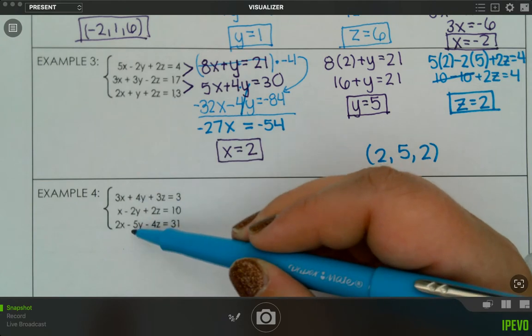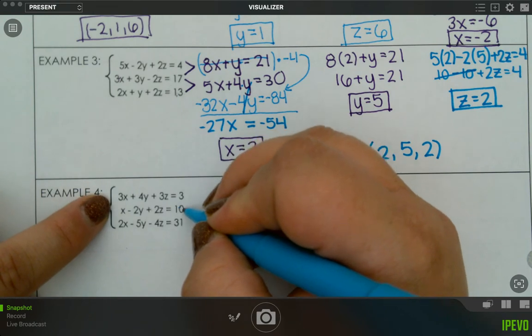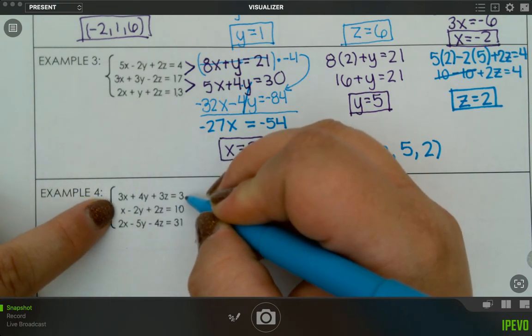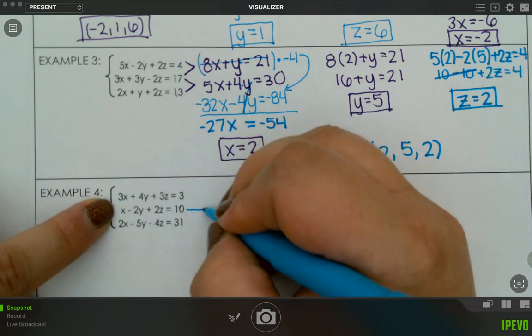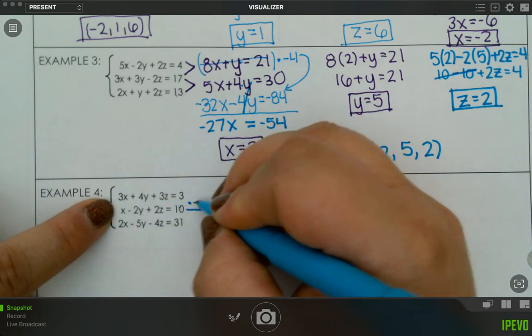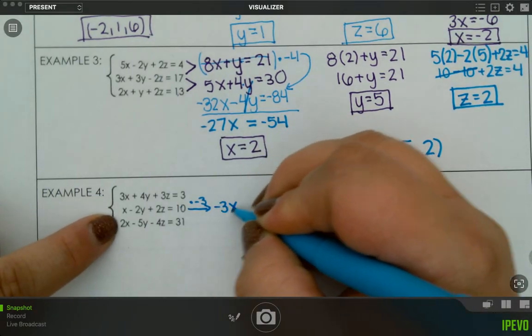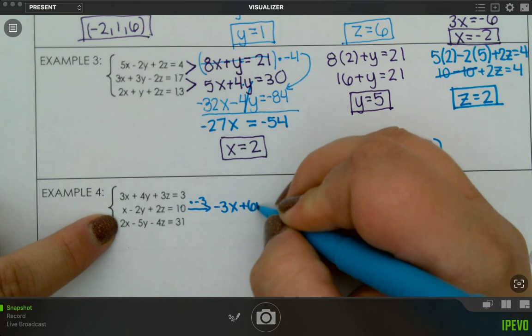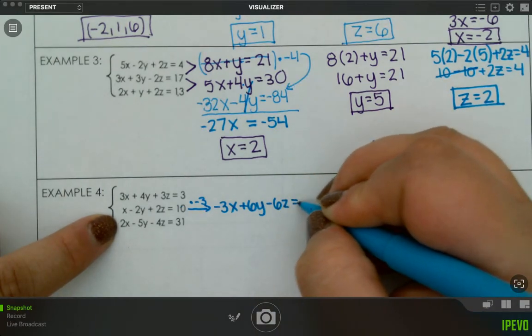Okay, so for these two together, I want this to be 3x and negative 3x. So I need to multiply this equation by negative 3. So that's going to be negative 3x plus 6y minus 6z equals negative 30.